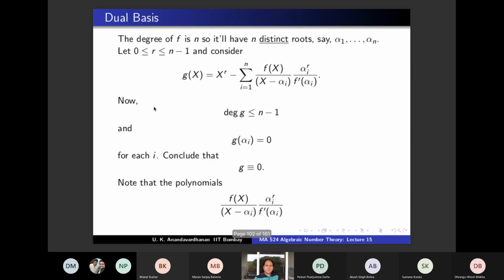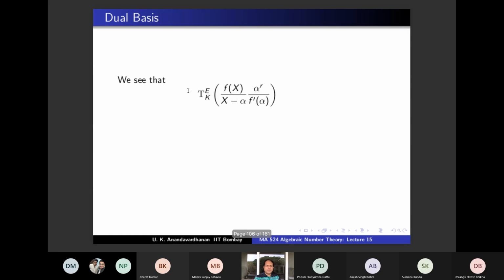Trace of this, x minus alpha, is exactly this summation. And what is this summation? What did you show? g is identically 0. So this summation is x power r. So if you take trace, the conclusion is trace of this is x power r.